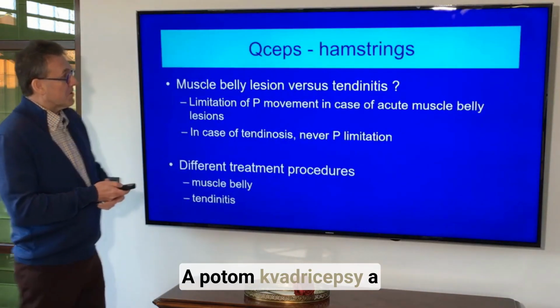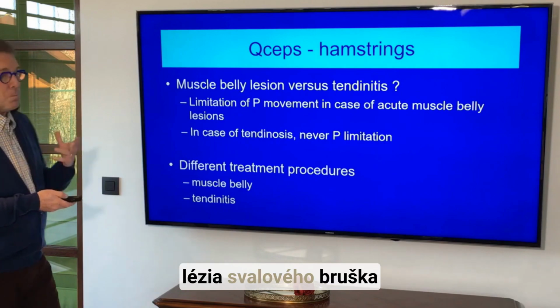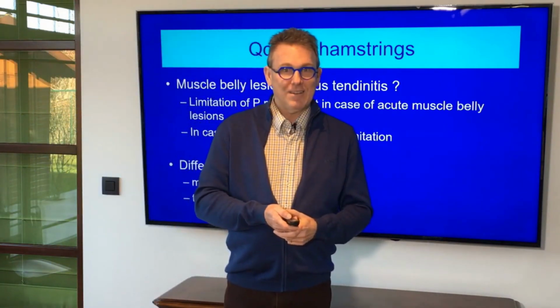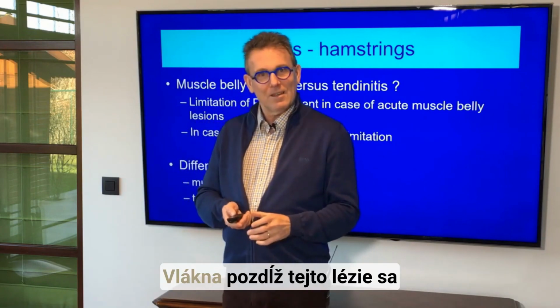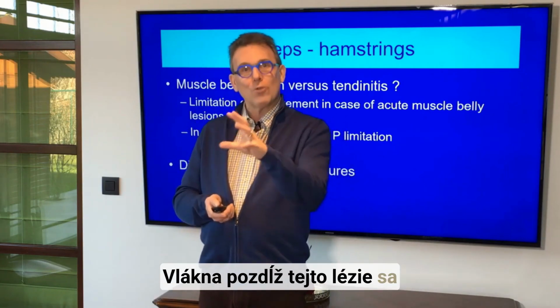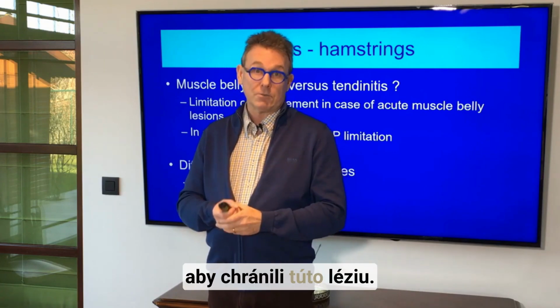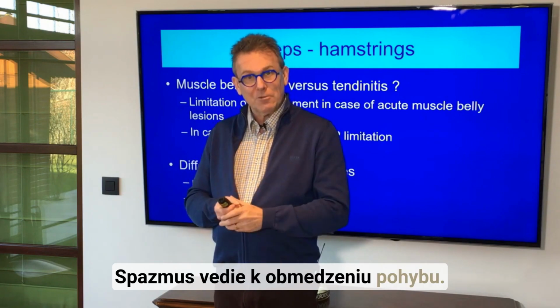And then quadriceps and hamstrings, well, a muscle belly lesion of the hamstrings, a real nice muscle belly lesion, what is going to happen? The fibers along that lesion, automatically they go into spasm to protect that lesion. Spasm results in limitation of movement.